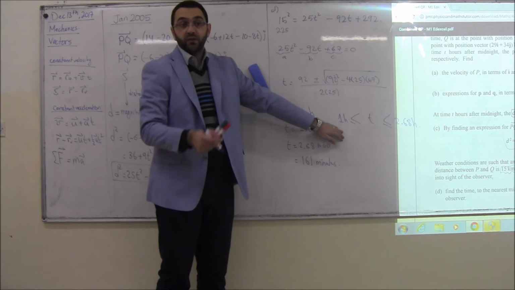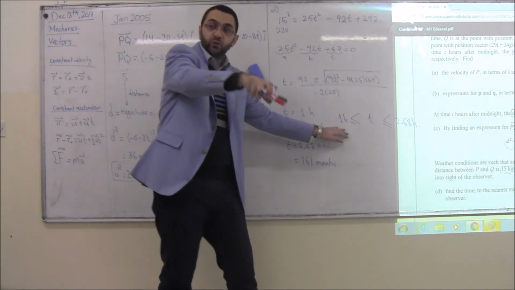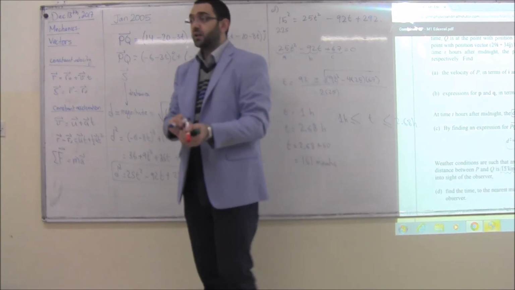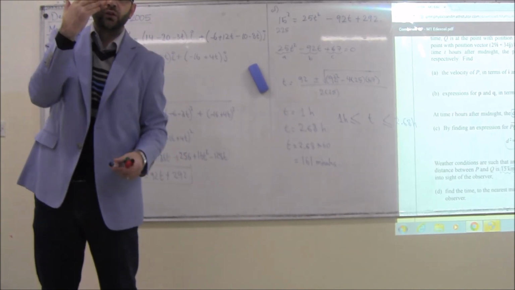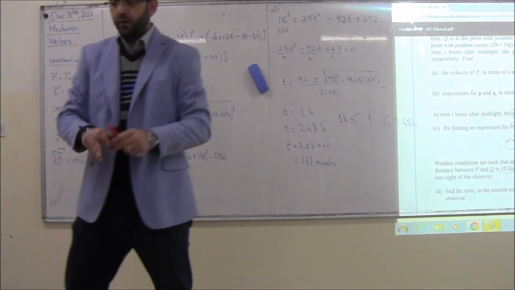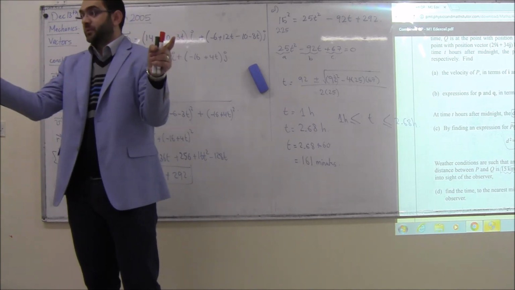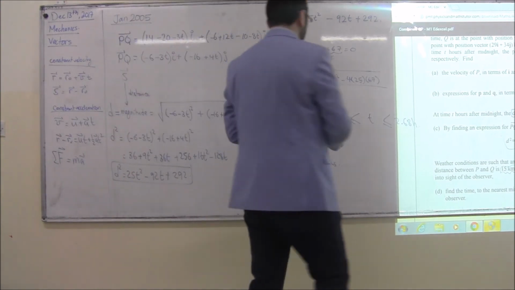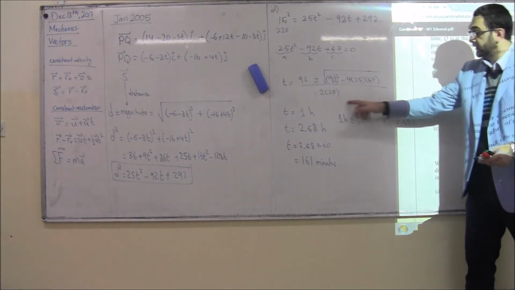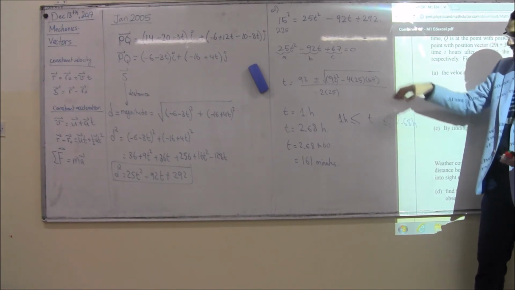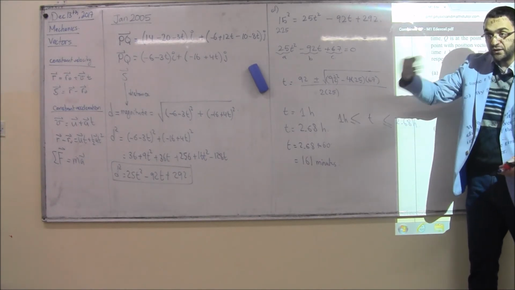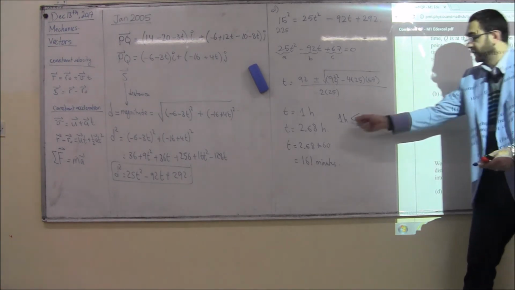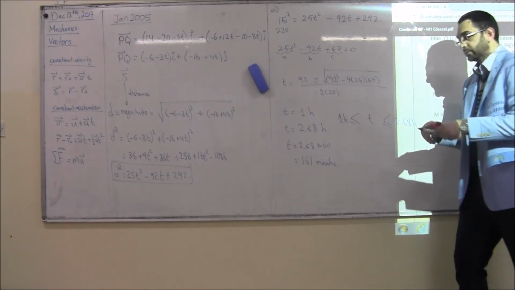At 1 hour, the lights of ship Q get into the sight of P. After 2.68 hours, the lights of Q will be outside the sight of the observer. 15 is the maximum, so we get two times: this time is when it goes into the sight and this one is when it goes out of the sight, not both into the sight.